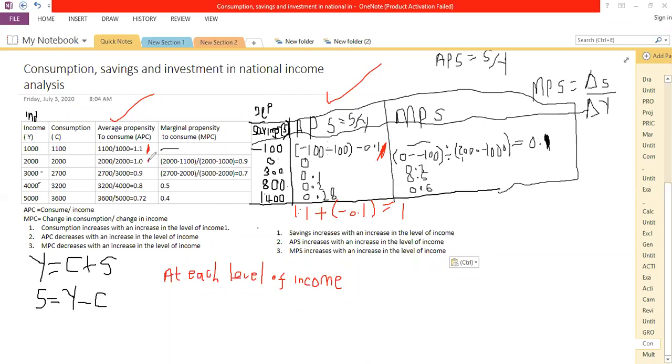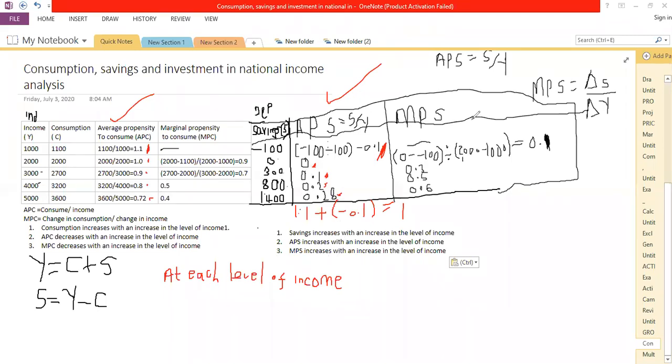Suppose we take 1.0, we add it to 0 here. Again, it will give us 1. 0.9 added to 0.1, again it will give us 1. 0.8, 0.2, again it will give us 1. And if you take 0.72 and 0.28, this will again give us 1.